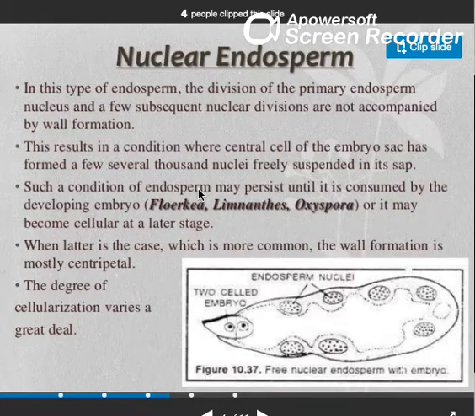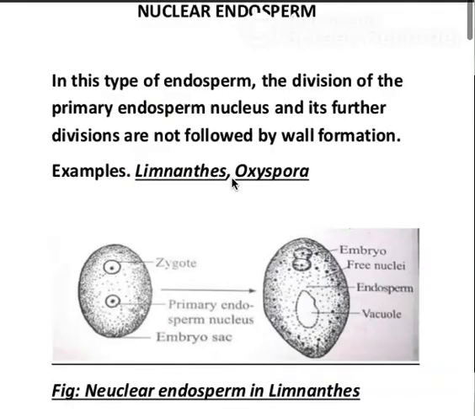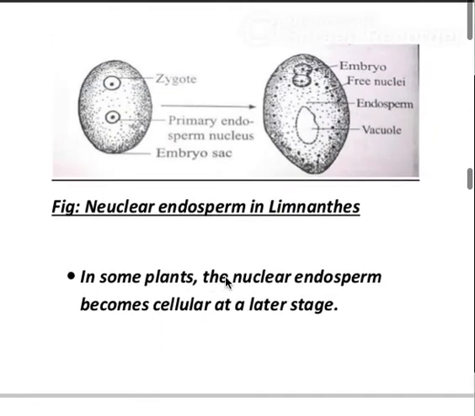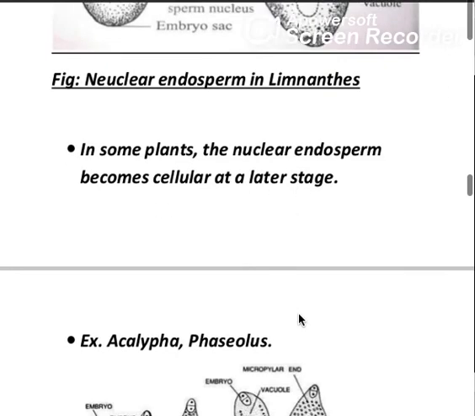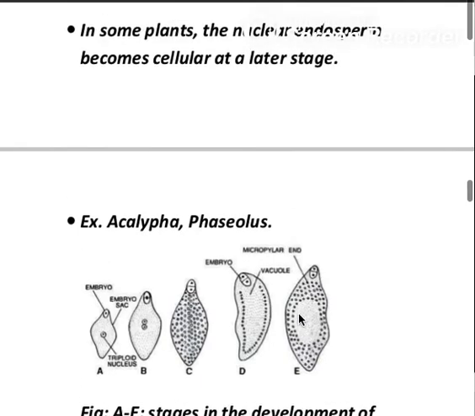But there are certain plants where the nuclear endosperm becomes cellular at a later stage. Examples are Achras and Phaseolus.